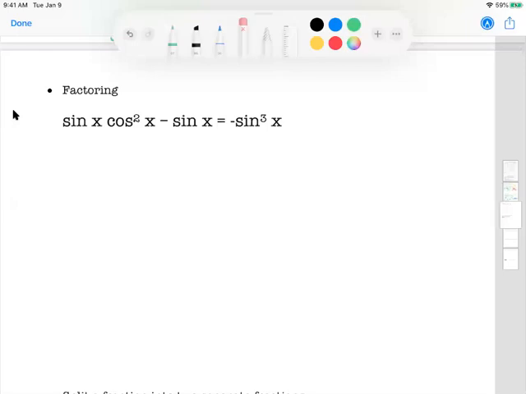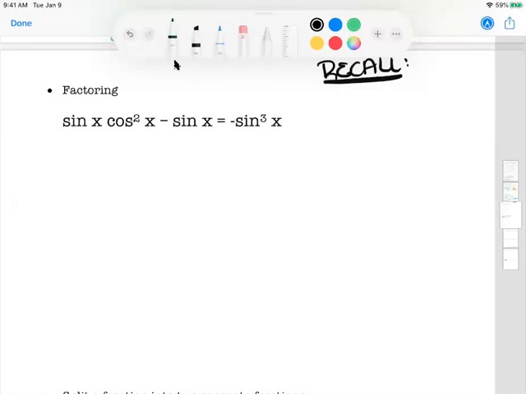Now, in this next example, I will show you how we can use factoring to help solve a trig identity or simplify a trig expression. Before we even start, let's recall some simple facts about algebra.